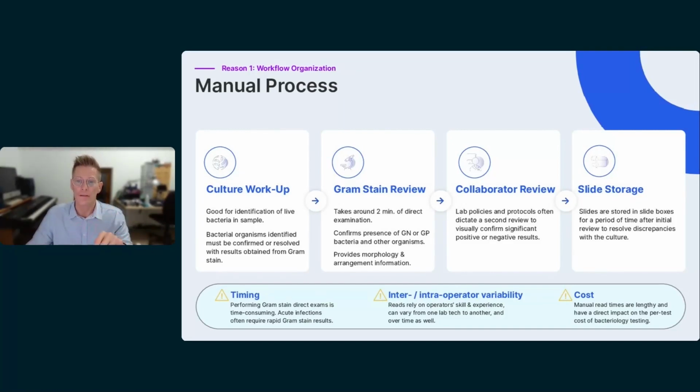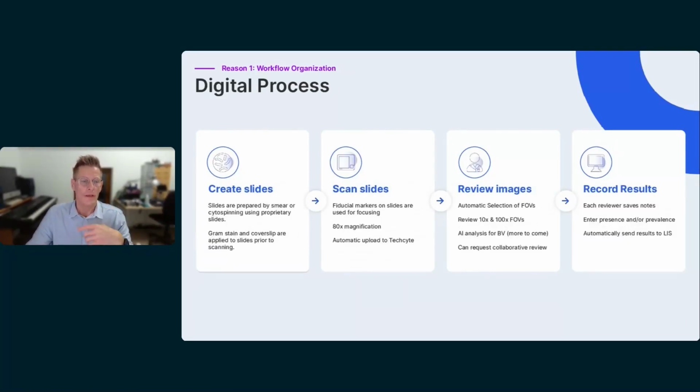Now, in a digital process, it's somewhat different. You create your slides, either by smear or cytospinning. You then scan those slides, and of course we can consult with laboratories on which scanners would be the most appropriate.